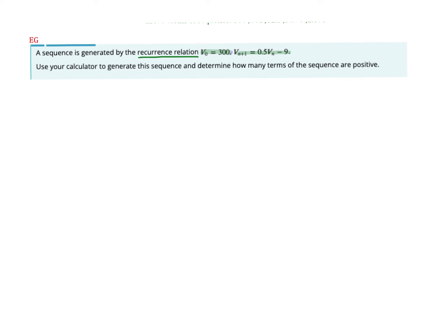So sometimes, I know they say calculator. In year 12, they're going to say use your calculator to generate how many terms of the sequence are positive. So what you have to do is show calculations, and I'm going to show you how we're going to write that out in our books. Okay?